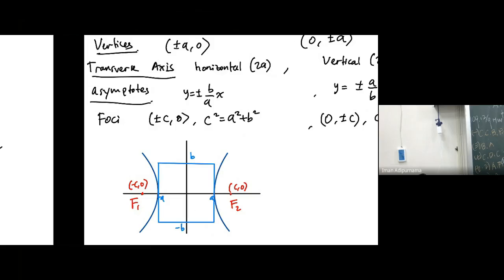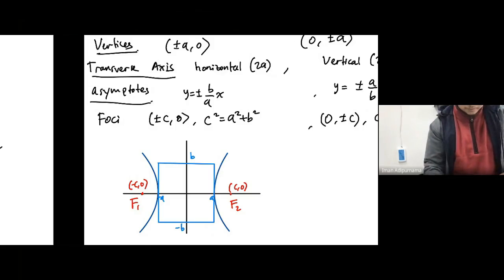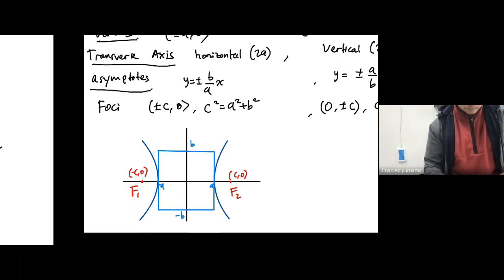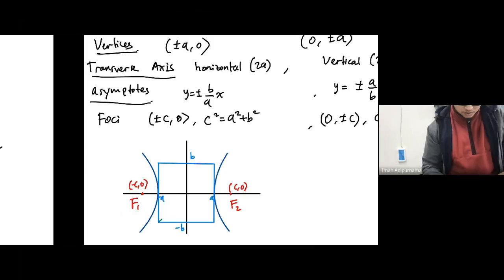But the sides are the same as a and b. So this is a, this is a, this is b. So the whole thing is 2a and 2b. And the asymptotes will cross this box.